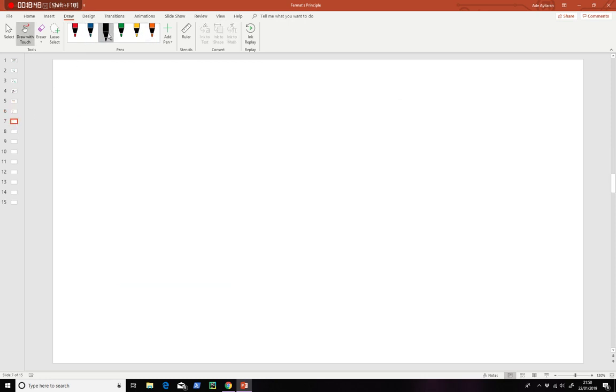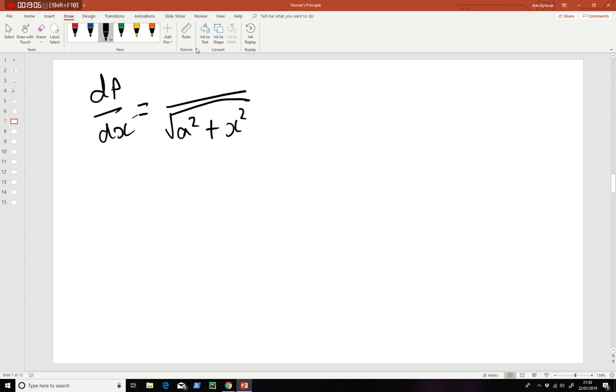So in total, dp over dx is going to equal x over the root of a squared plus x squared, and then minus L minus x over the root of L minus x all squared plus b squared.